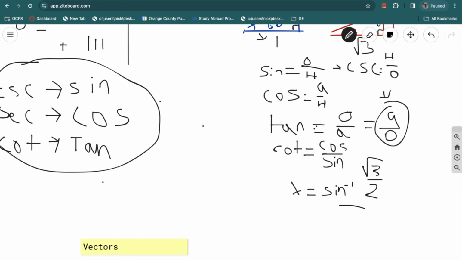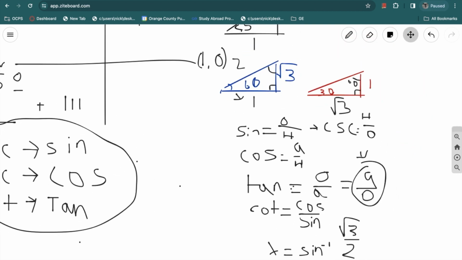Now this is where we're going to need to know the ratios. So we know sine is opposite over hypotenuse. So we have to know the angle that's opposite to square root of 3. Now if we look at our triangles, we know opposite of square root of 3 is 60.